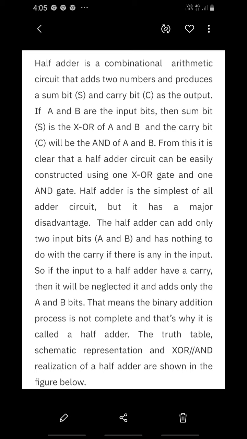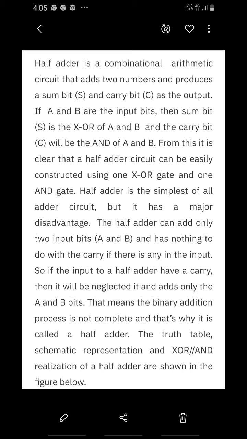So if the input to a half adder has a carry, then it will be neglected and it adds only the A and B bits. That means the binary addition process is not complete, and that's why it is called a half adder.